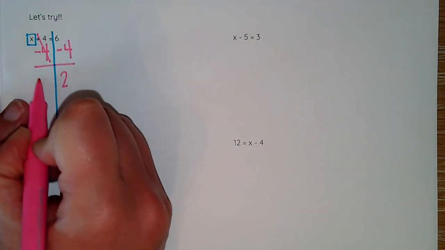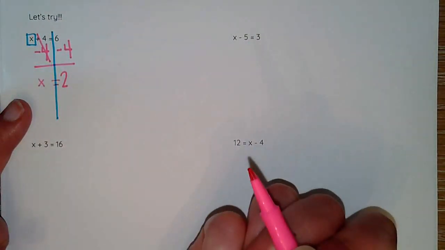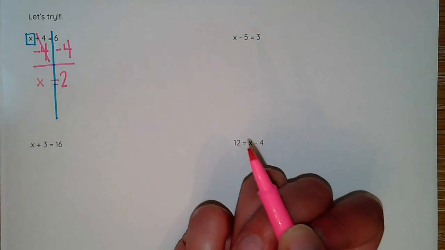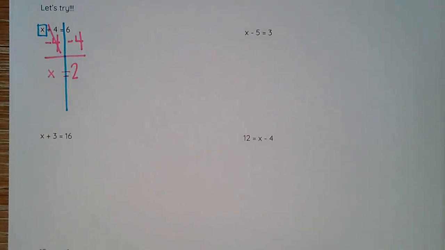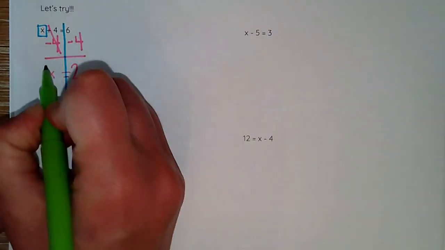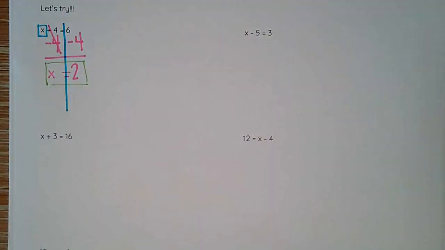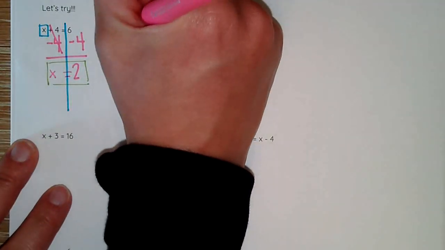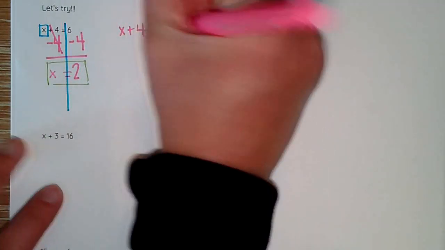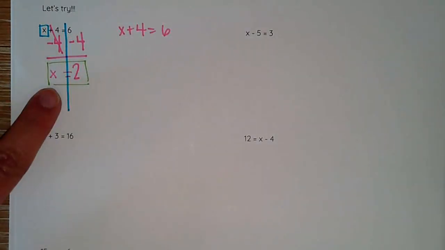I bring my x down. It is now isolated, and my solution is x equals 2. Now, I'm not done because I want to make sure that I did this correctly. So I take that 2, I rewrite my equation, and I say, okay, here I determined that x is equal to 2.